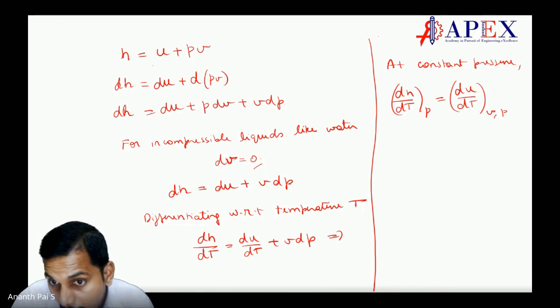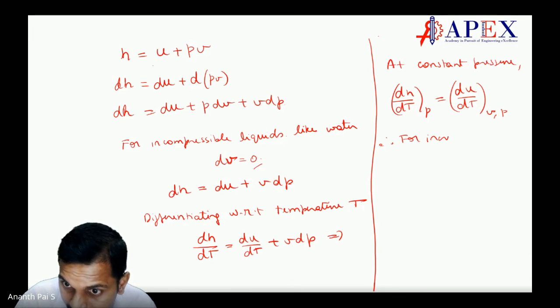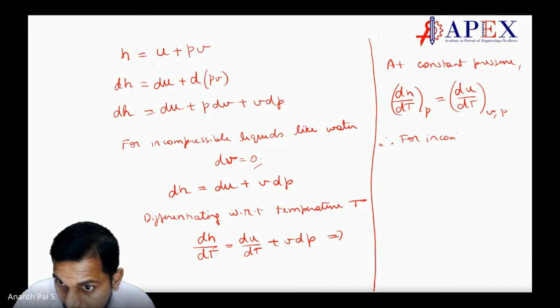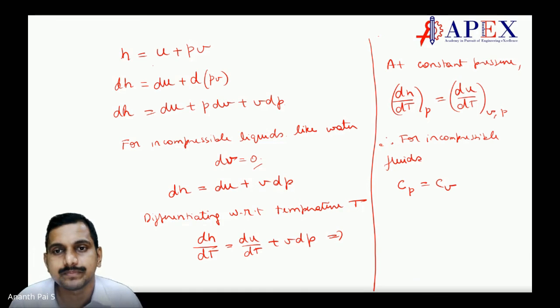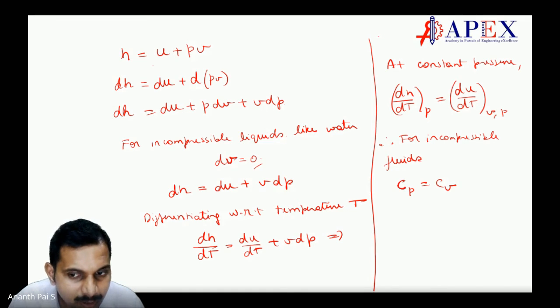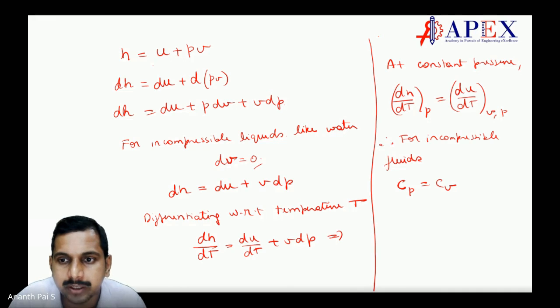Therefore, for incompressible fluids, Cp is equal to Cv. Cp is the specific heat at constant pressure, which is dH by dT at constant P.